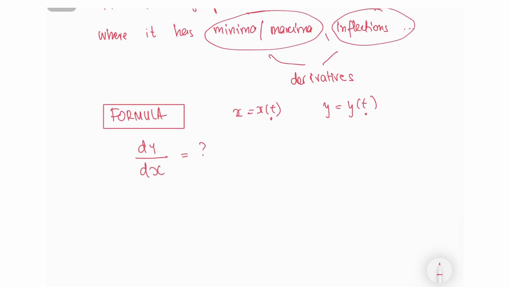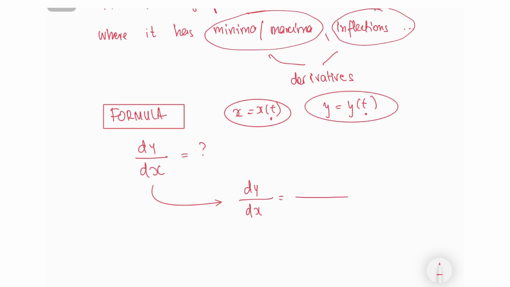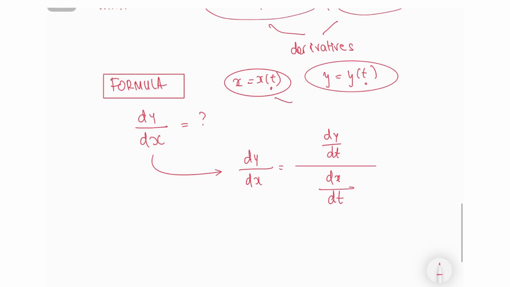So here is done like a trick. We basically just divide by 1. Now, these functions here are differentiable, so we can just do dy over dt and dx over dt. So it is supposed that these functions are differentiable.